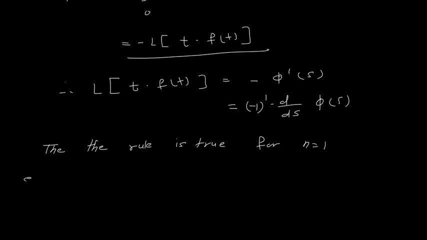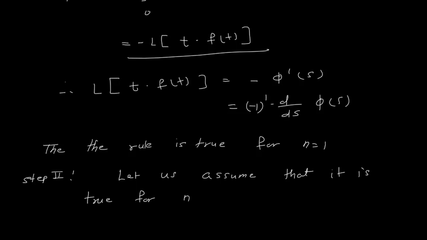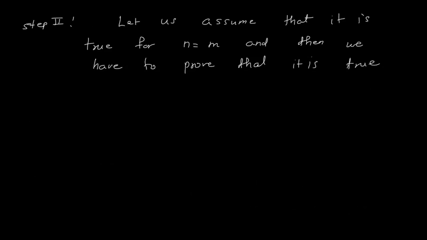So in step number 2 we say, let us assume that it is true for n is equal to m, and then we have to prove that it is true for n is equal to m plus 1.